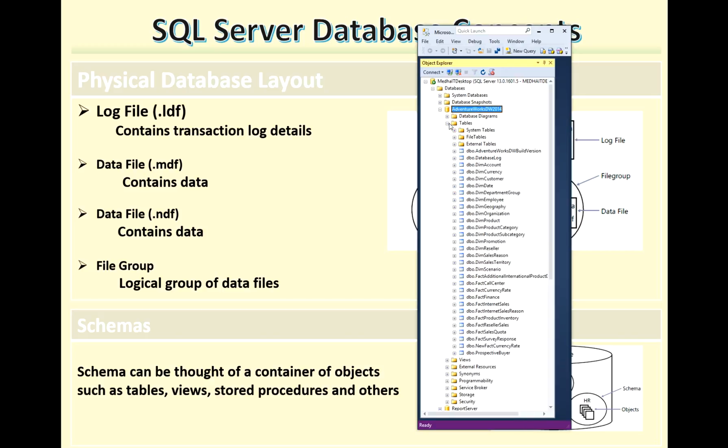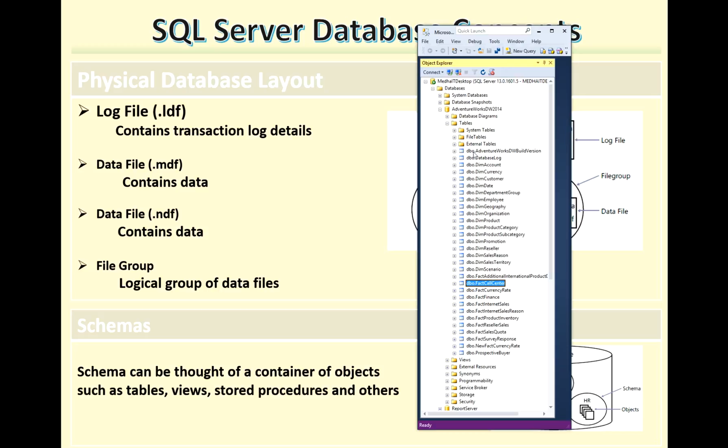But let's say some of these tables are related to finance, and some are related to sales. Fact reseller sales is the sales table, fact finance is the finance-related table, and similarly you can find call center, which is a human resource related table.